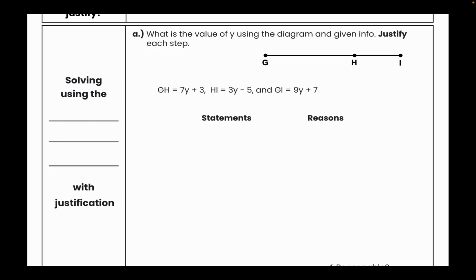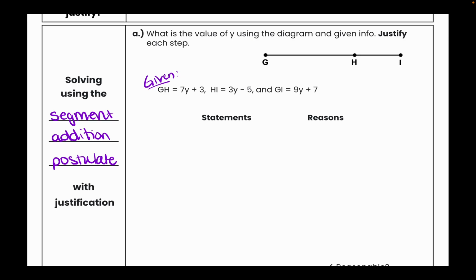So we're going to be using the segment addition postulate with justification. So this is our given: GH is 7y plus 3, HI is 3y minus 5, and GI is 9y plus 7.